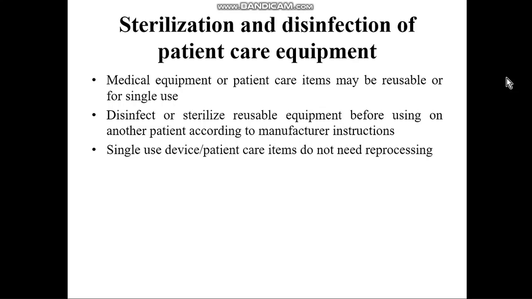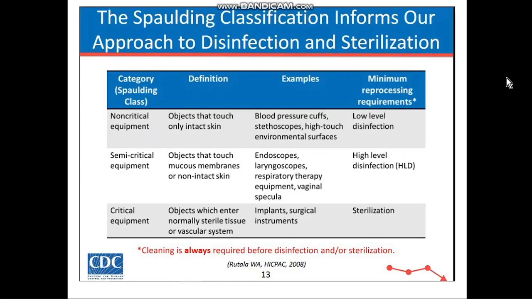Single-use devices or patient care items do not need reprocessing, but they should be disposed of as infectious waste. The Spaulding classification informs our approach to disinfection and sterilization. It includes 3 classes of equipment: non-critical, semi-critical, and critical equipment.